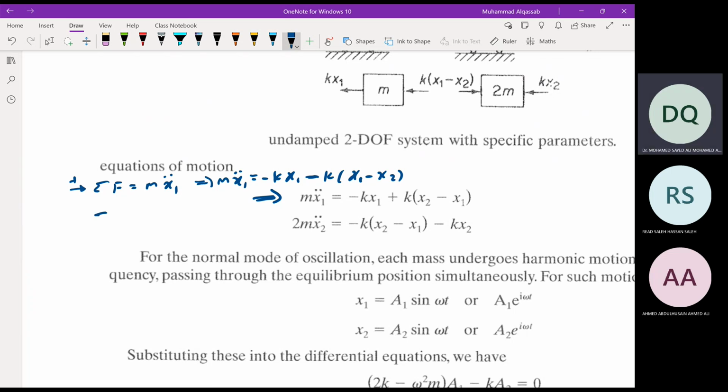And you use the sum of forces equal to 2m x2 double dot. Again, you take this direction positive. You will get 2m x2 double dot equal to k(x1 minus x2) minus k x2.